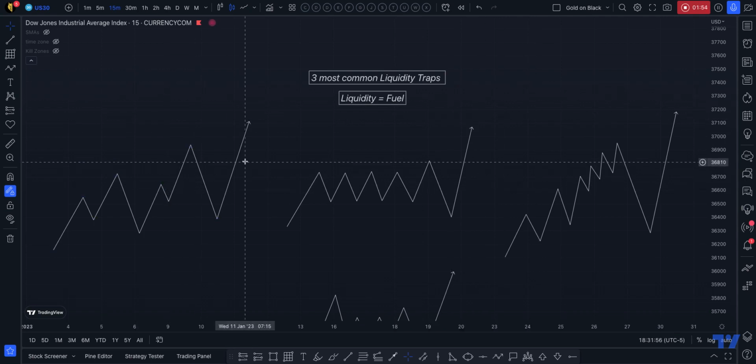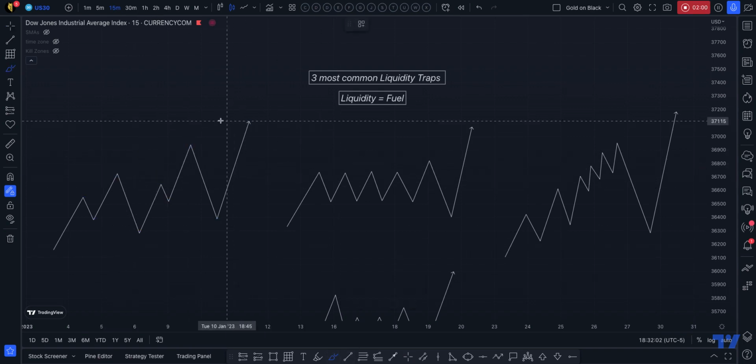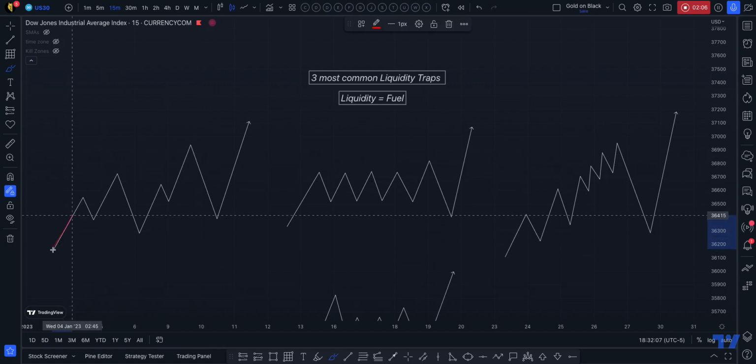All right. In the first scenario that I'm going to show you right here, the first thing we can see in this drawing is that the market had a nice push to the upside, a little correction, and another push to the upside.